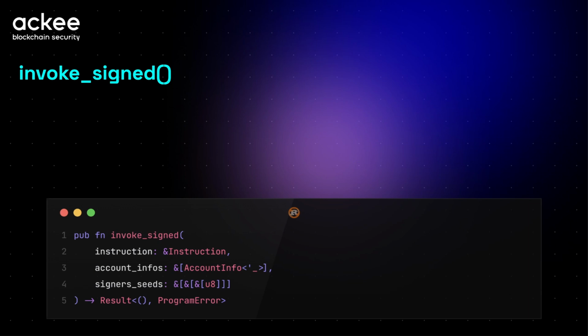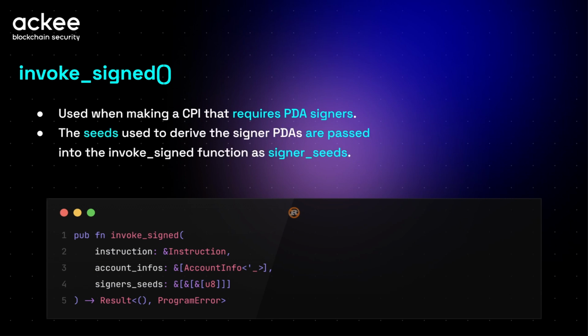And then the second function, which is called invoke signed, is used when making a CPI that requires PDA signers. The seeds used to derive the signer PDAs are passed into the invoke signed function as signer seeds.